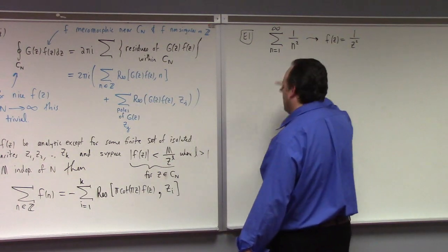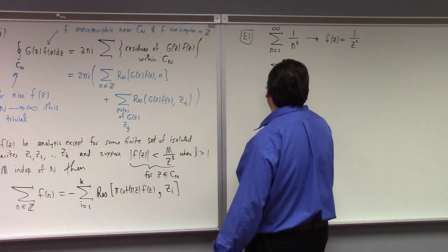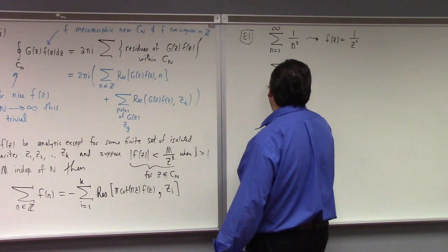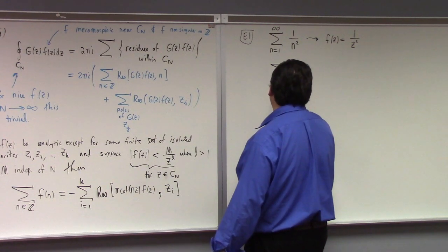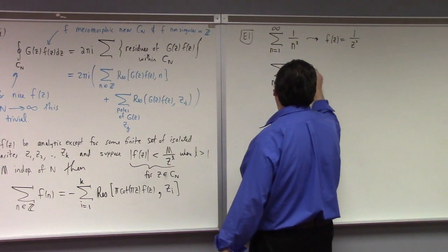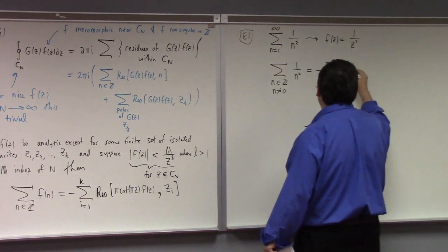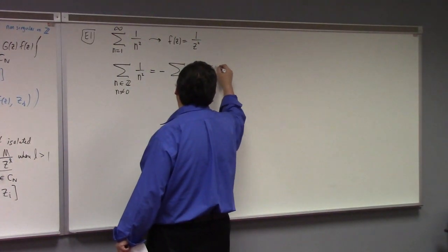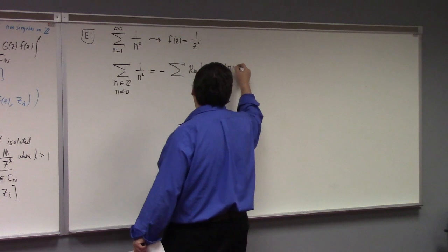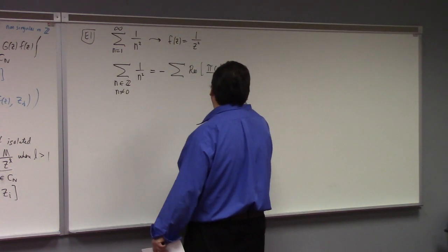So what's going to happen then is we have the sum over n in the integers, n not equal to 0, of 1 over n squared, is going to equal minus the sum over the residues of pi cotangent pi z over z squared.